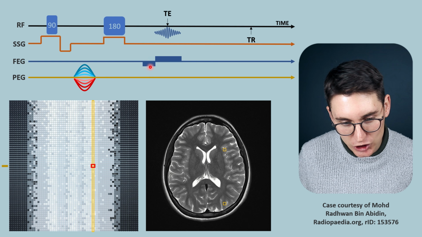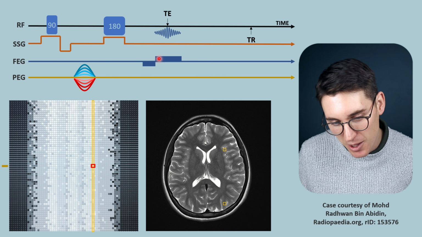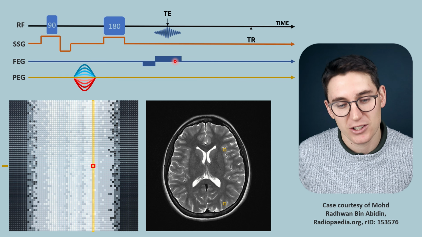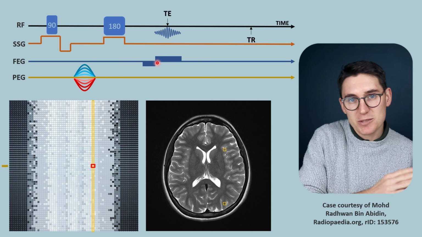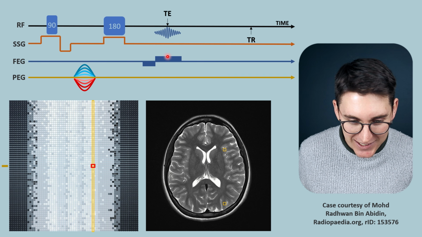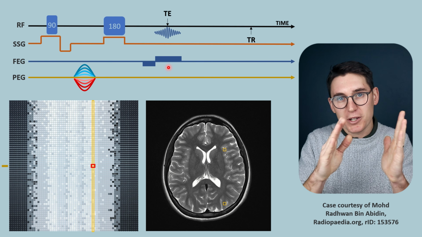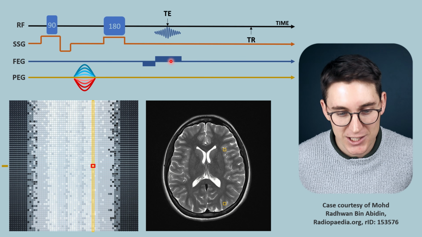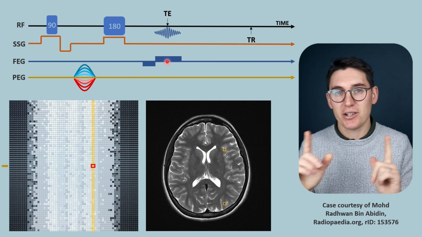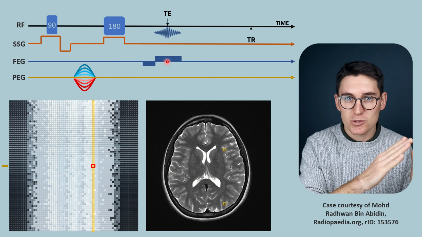Remember, we apply a short negative or dephasing frequency encoding gradient before we apply the frequency encoding gradient, allowing those spins to rephase as we're changing their frequencies. And it turns out at exactly the middle of this frequency encoding gradient is when all those spins will be perfectly in phase with one another. They will have differing frequencies, but for that brief moment in time, the net magnetization vectors will all be pointing in the same way.